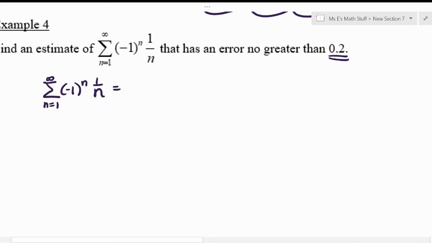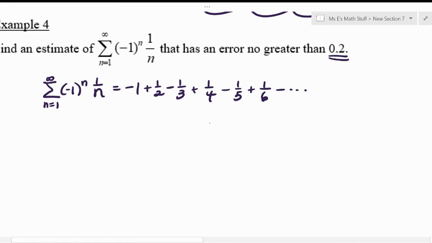So let's see, n equals 1, I'd have -1 plus 1/2 minus 1/3 plus 1/4 minus 1/5 plus 1/6, etc. First of all, notice that this is a convergent alternating series.